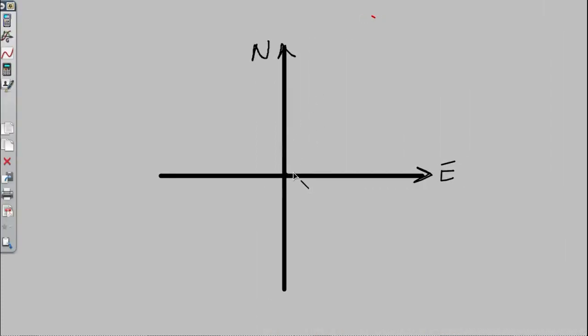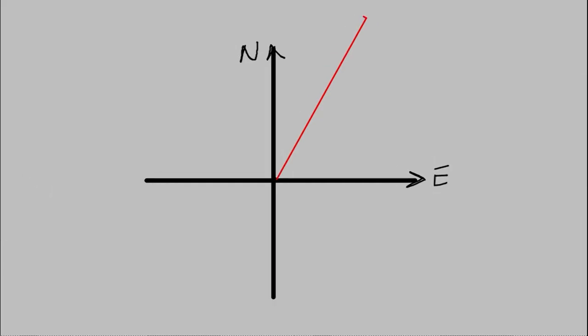And then obviously the bearing of 30 is represented by this line. So if one is asked to move at a bearing of 30, or you want to describe a motion at a bearing of 30, then this is an angle of 30 degrees, and this path represents a bearing of 30.